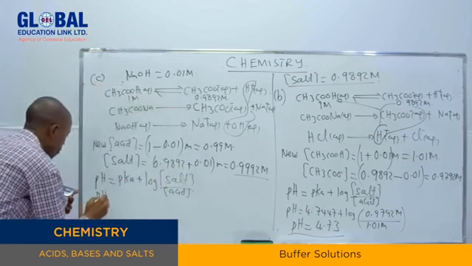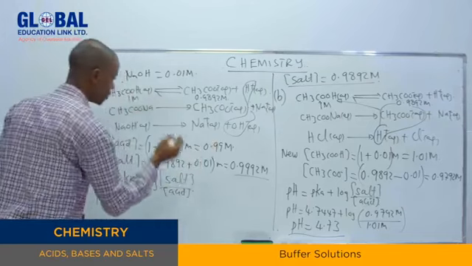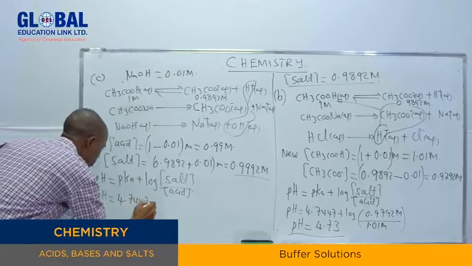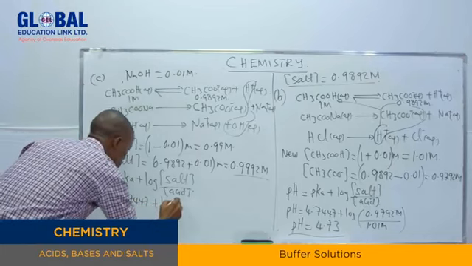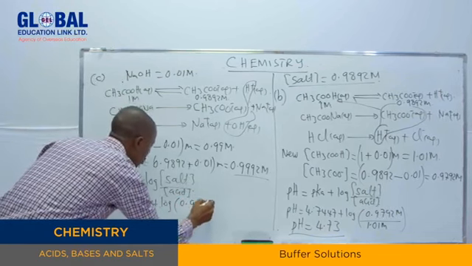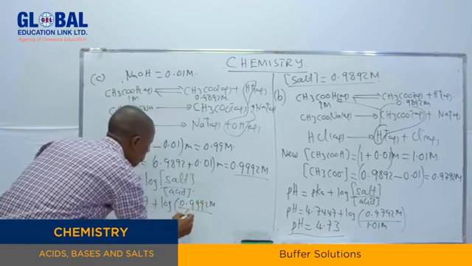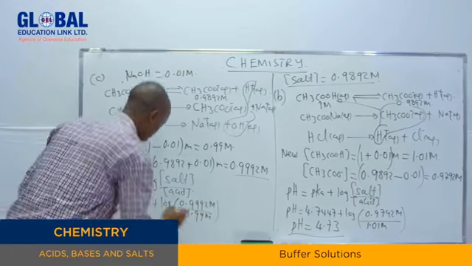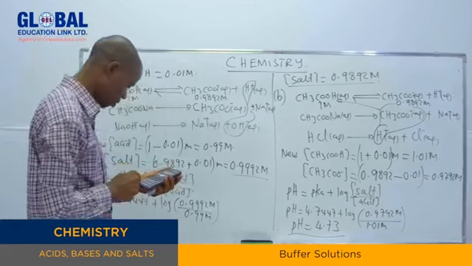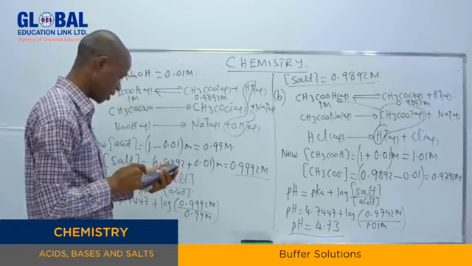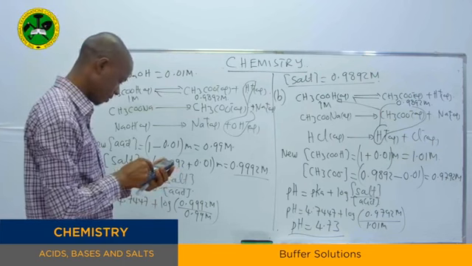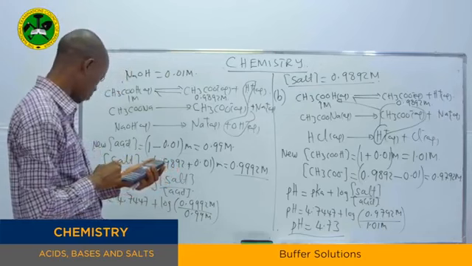The value pH is equal to pKa. We have already obtained the value. The value is 4.7447 plus log concentration of the salt is that one, 0.9992 molar over 0.99 molar. So use your calculator to make that simple calculation there. 0.9992 divided by 0.99, logarithm of the answer is that one.